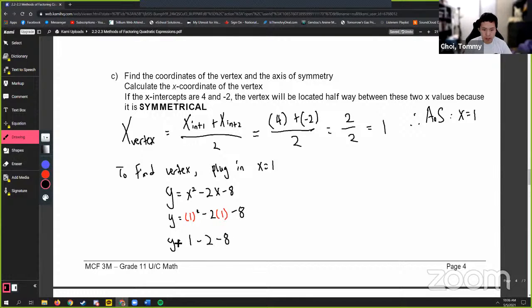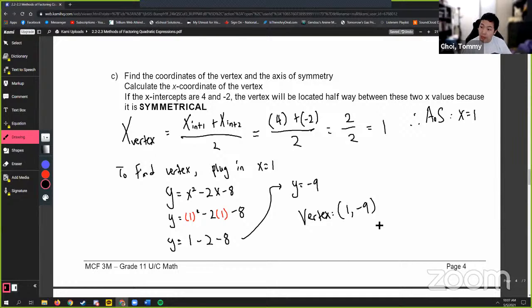And then minus 8. We can then solve for the y value. 1 minus 2 minus 8 is going to give us negative 9. We can then write down our vertex. What is the vertex? 1 comma negative 9. And that would be your answer.